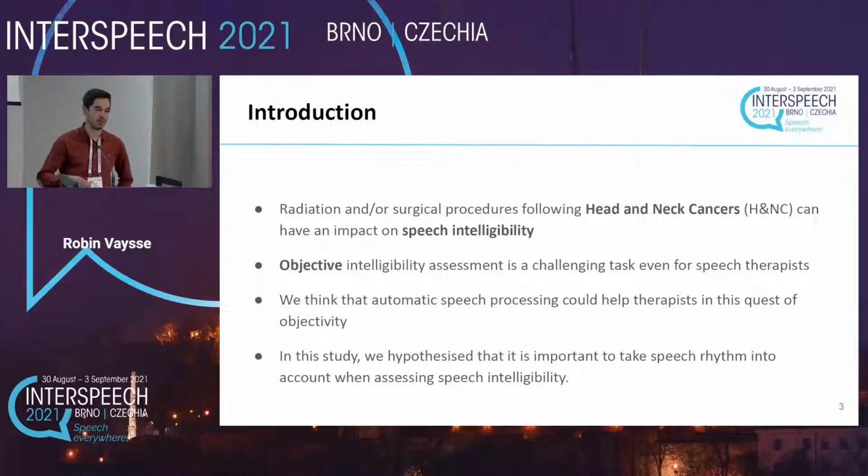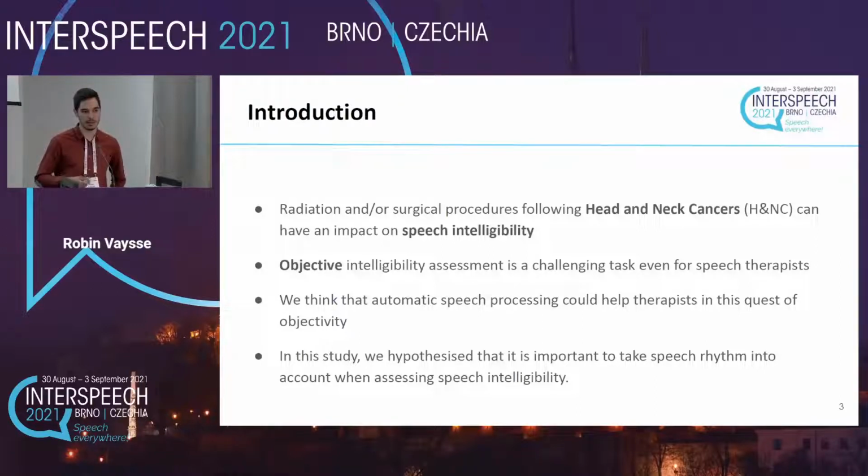But the fact is, speech therapists often know their patients and are used to special voices, so the assessment is not always totally objective. And so we think that automatic speech processing could help therapists to have a better objective measurement.